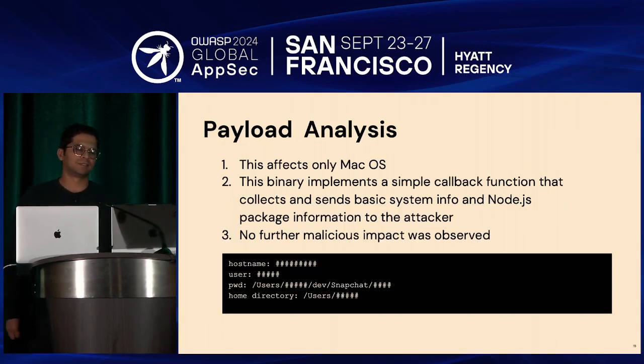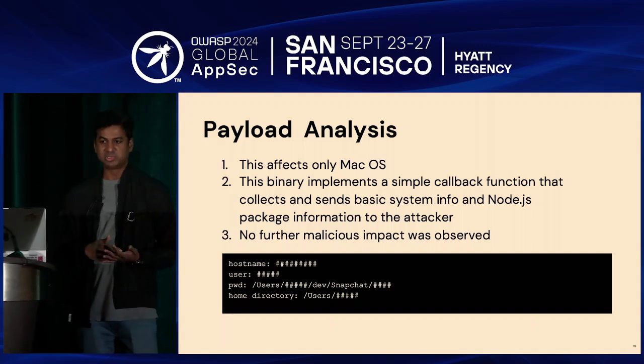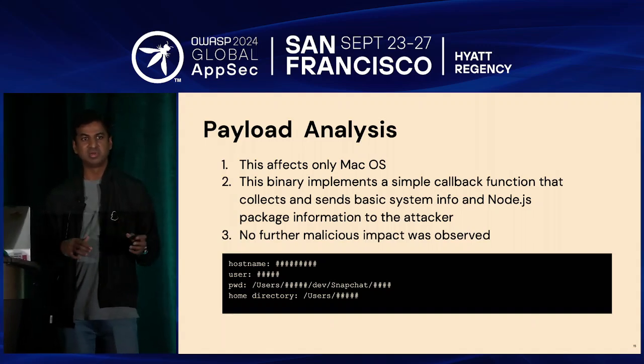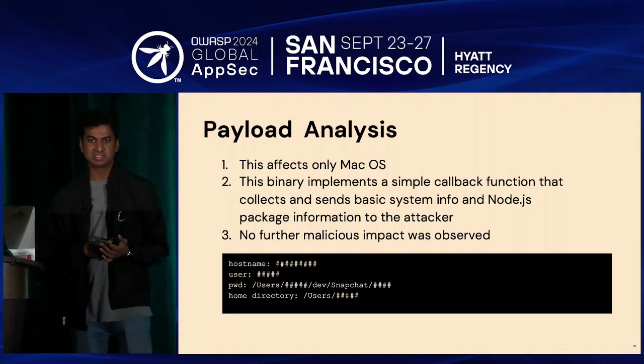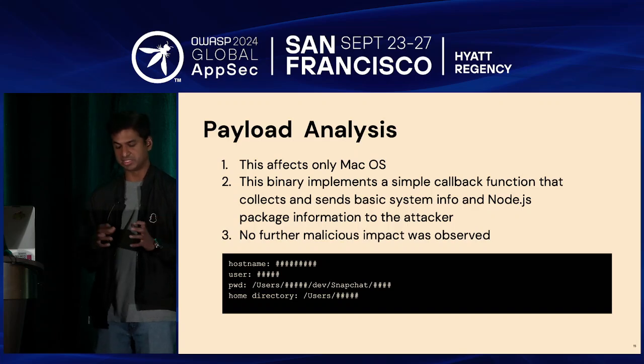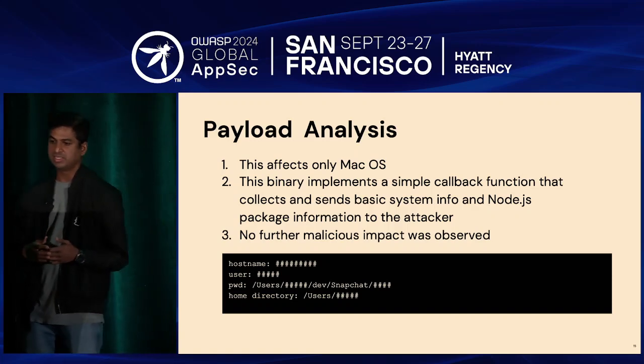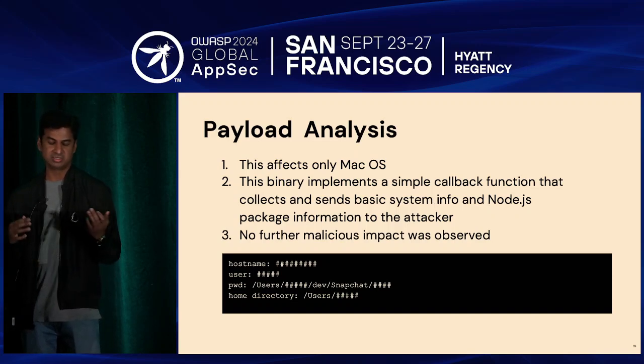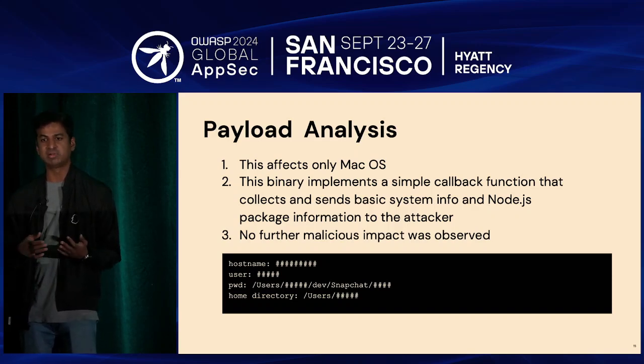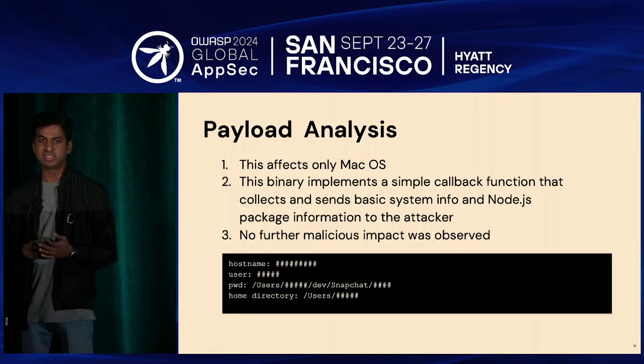So when we got a bug bounty report saying that we have a vulnerable FS Events package, and there is proof that it executed in our environment, we started a quick security incident to track this issue, and our detection response team was involved. They did a complete payload analysis and found that this only affected macOS because that's where the execution happened.